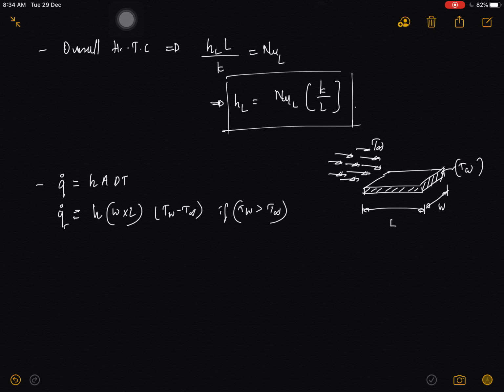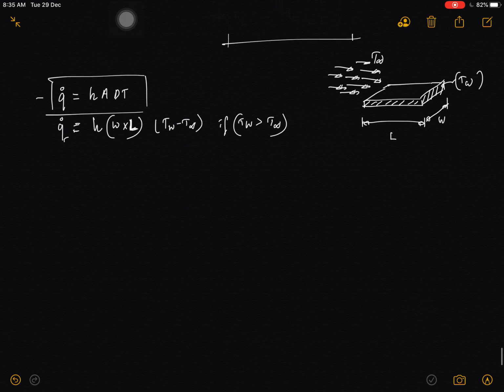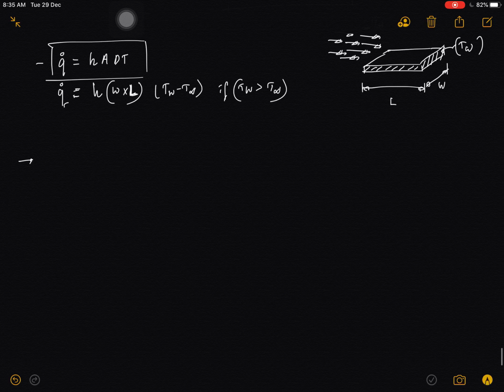So this is the equation of heat transfer rate for a particular length of the plate over which the heat transfer is occurring, and we can vary this L value depending upon the length up to which we have to determine the heat transfer rate. So that's about the equation that we can use for the determination of this heat transfer rate. And for this case also we are dealing with some boundary conditions.